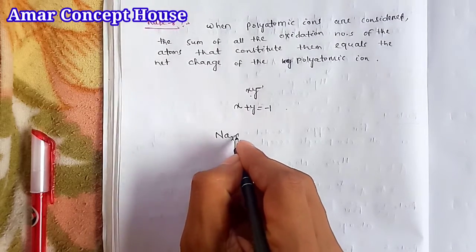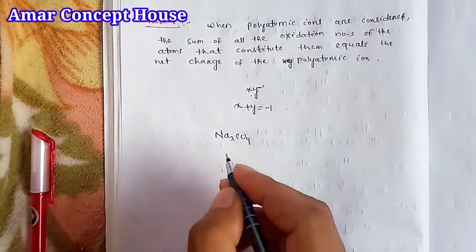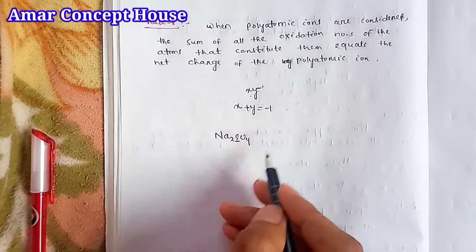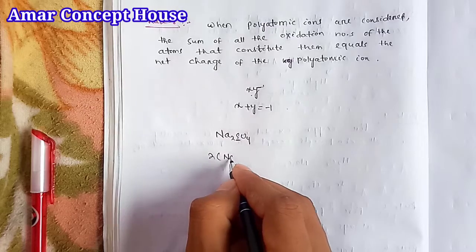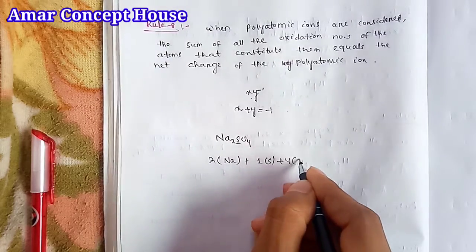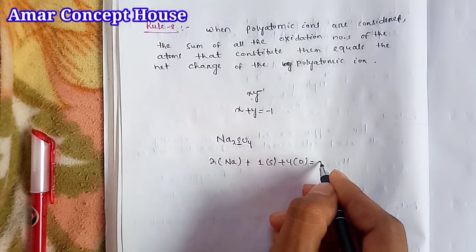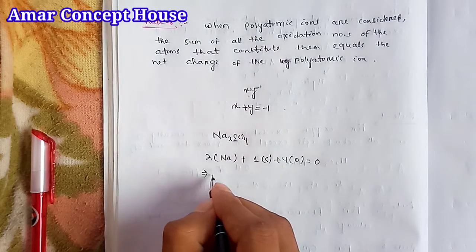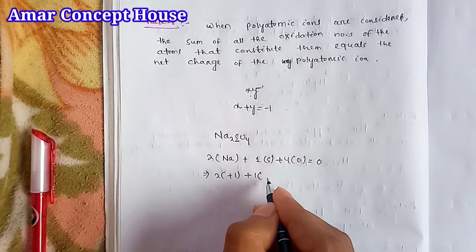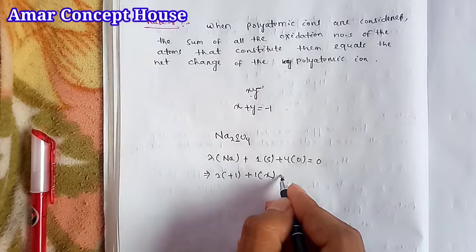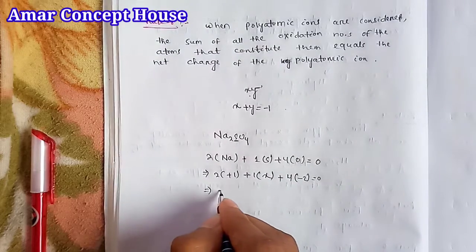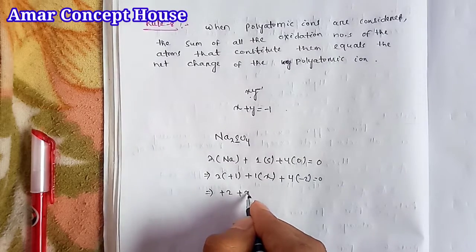For example, Na2SO4, sodium sulfate. Find the oxidation number of sulfur in Na2SO4. We write: 2 into Na plus 1 into S plus 4 into O equals 0. The oxidation number of sodium is +1, so 2 into +1, plus 1 into x, because we have to find the oxidation number of sulfur, plus 4 into the oxidation number of oxygen, which is -2, equals 0.